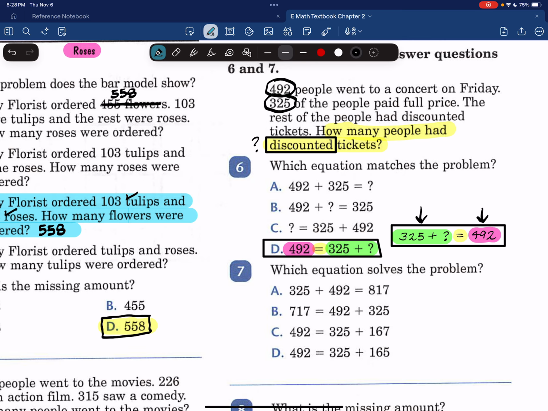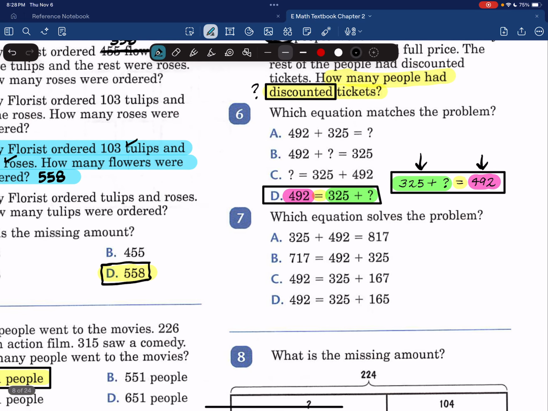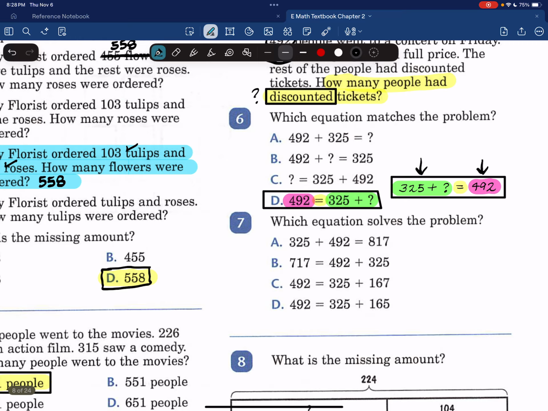Now, number 7, I was wondering how they were going to make this work out. Because the easiest way would be to subtract here, but we haven't covered subtraction yet. Number 7 is a hard problem. It's algebra, and it's forcing us to think through this.